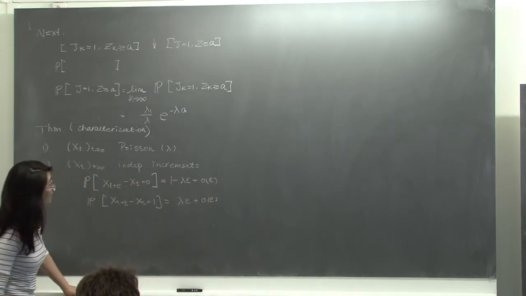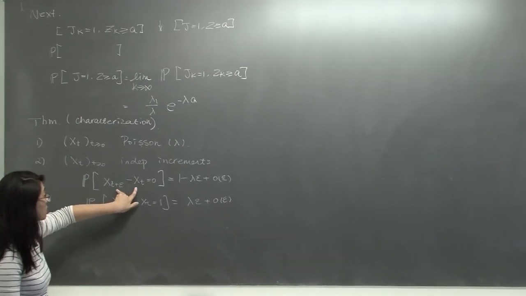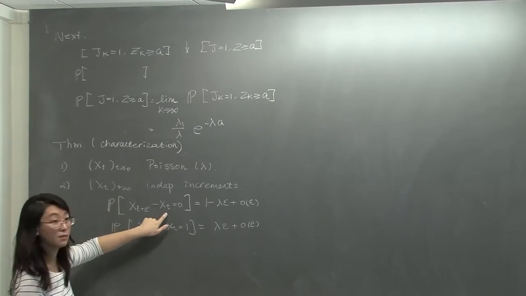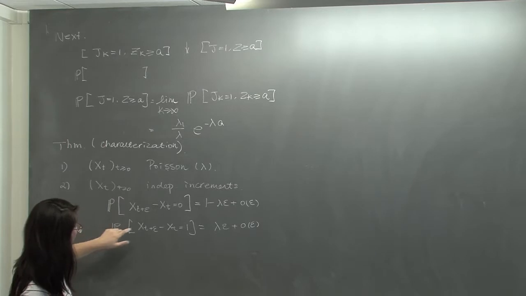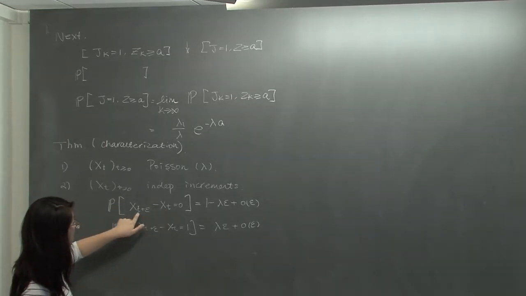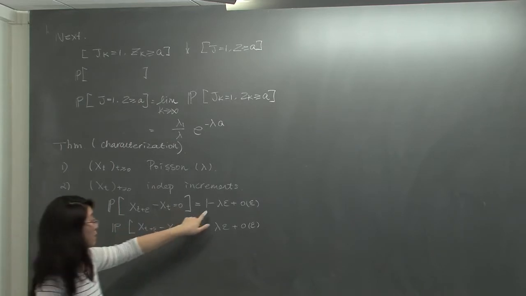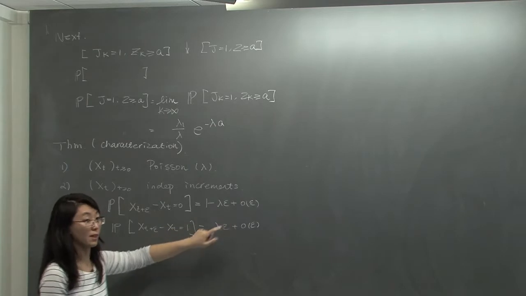And we have an estimate for the difference between two times, where the difference is epsilon. So the conclusion is we only need to calculate the probability that from t to t plus epsilon there is zero jump. So the probability should decay like 1 minus lambda times epsilon.